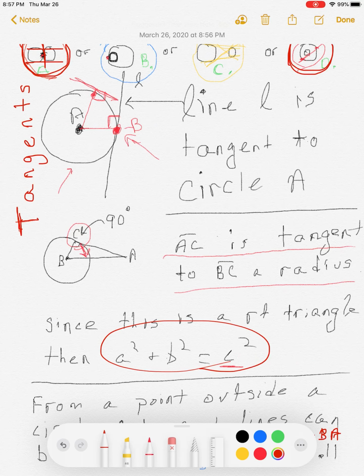Problem number 20, the right angle is angle S, so RT squared plus ST squared equals RS squared. 12 squared plus, oh, this one's a little challenging. It's not just 12 squared, it's actually 12 plus X squared equals 20 squared plus RS squared.